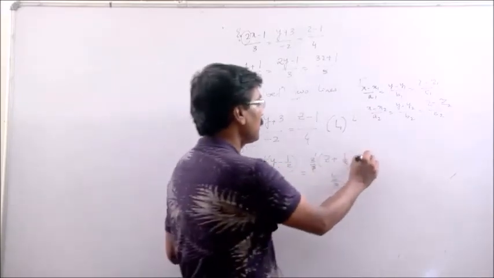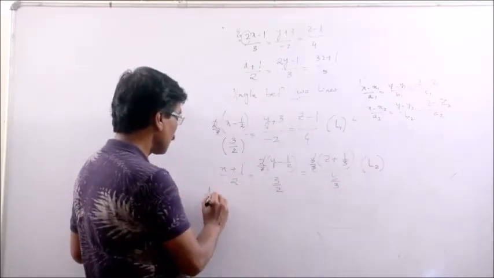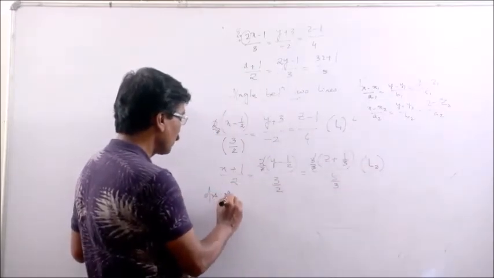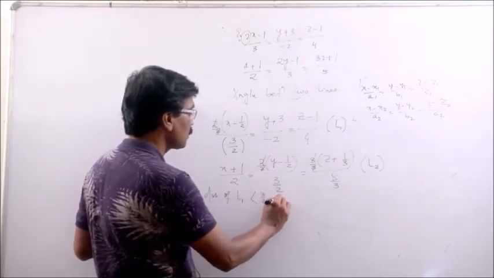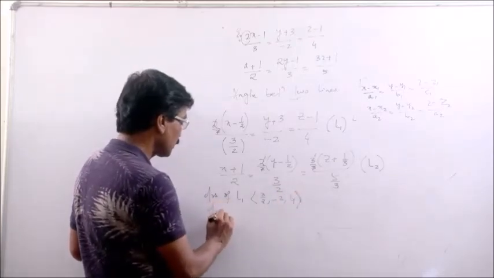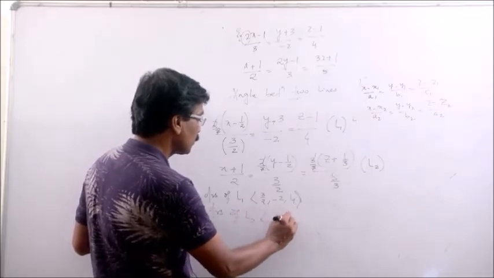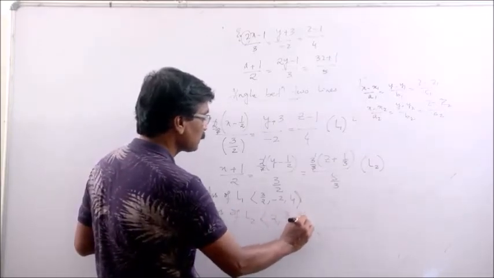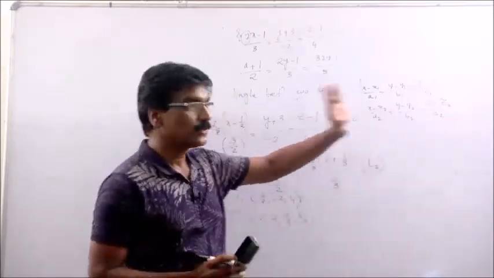So, this is line L2, and the direction ratios of L1 are 3 by 2, minus 2, 4, and direction ratios of L2 are 2, 3 by 2, 5 by 3. So, this is a1 b1 c1 and a2 b2 c2.